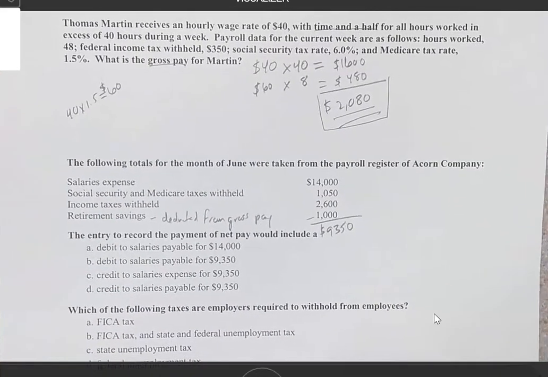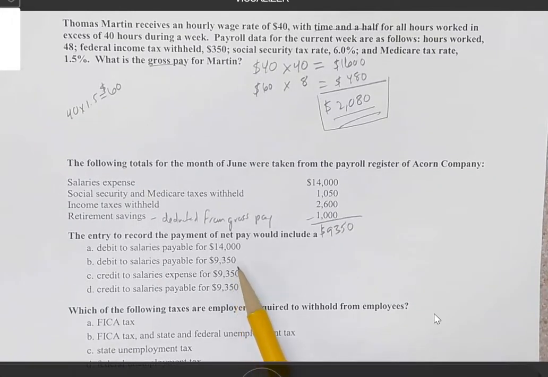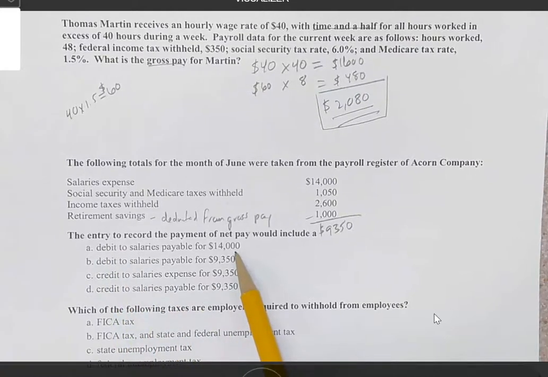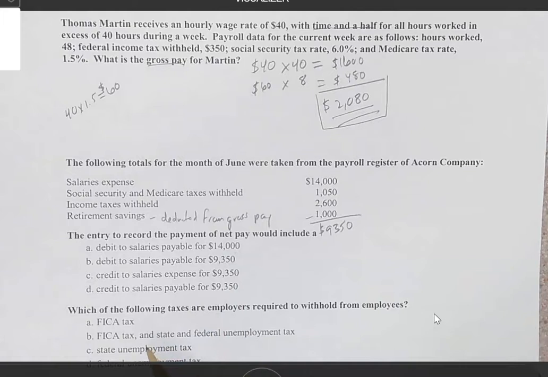So, which one of these journal entries would be included? It says A, debit to salaries payable for $14,000. Well, that's not correct for a couple of reasons. Number one, it would be a credit, and number two, the amount is not right.